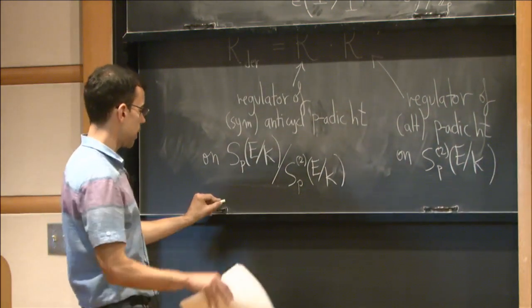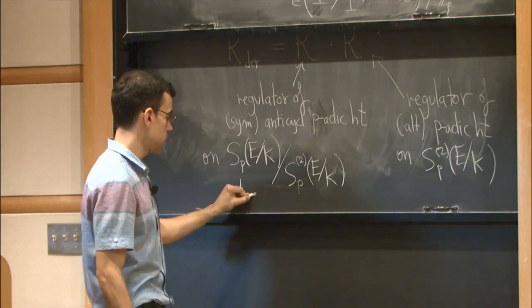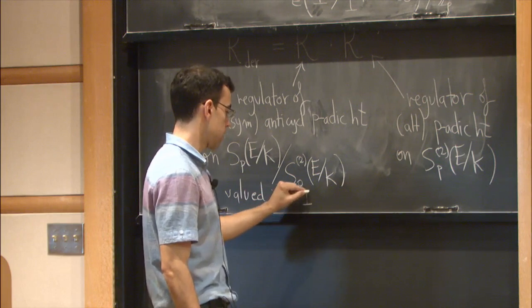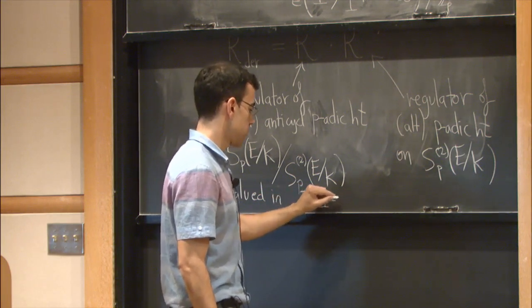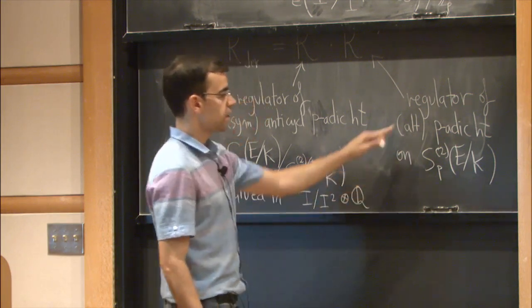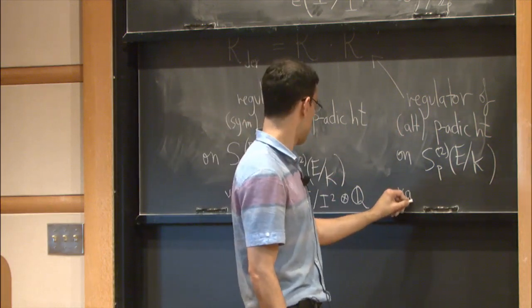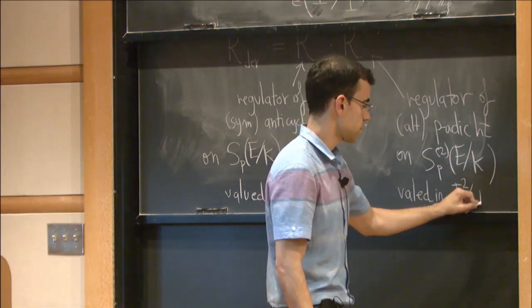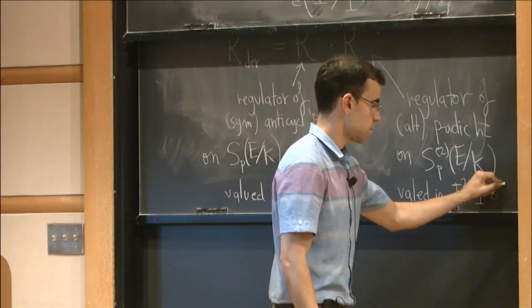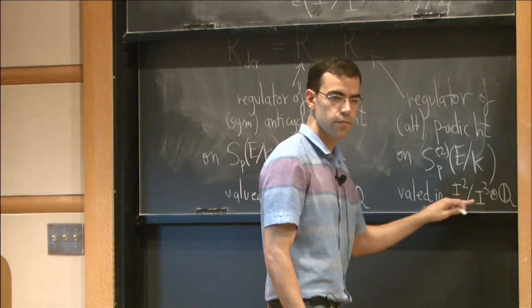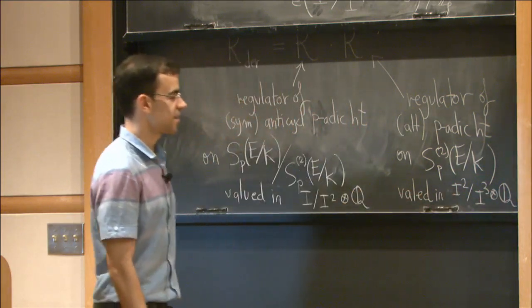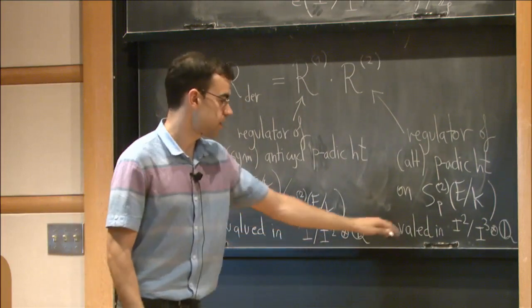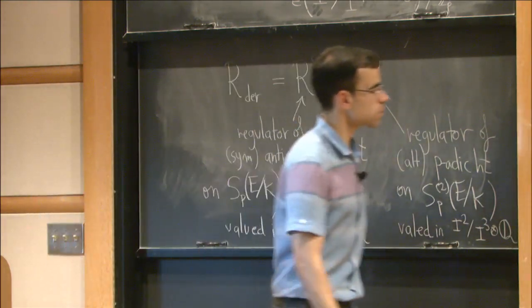This first one is valued in I mod I squared, tensor cube, and this derived one is actually valued in I squared mod I cube.